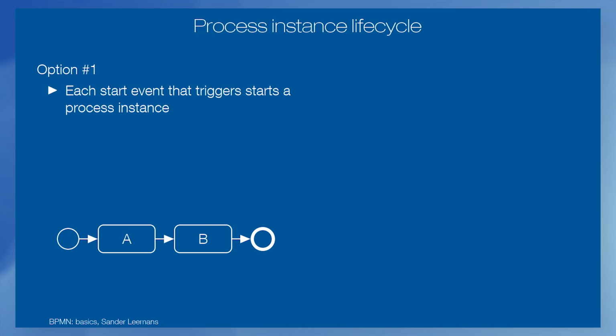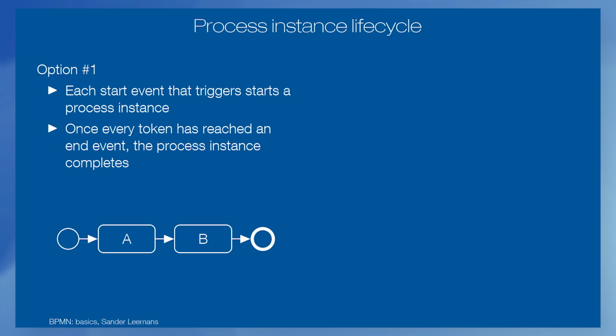You cannot start from both. So if the environment decides to trigger two start events, then we get two process instances. A process instance is complete, so it ends, when all of the tokens within a process have reached an end event. Then the process instance is done.